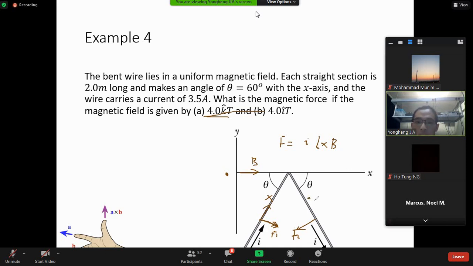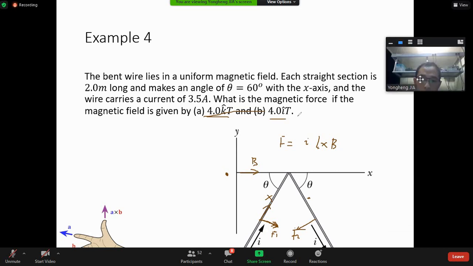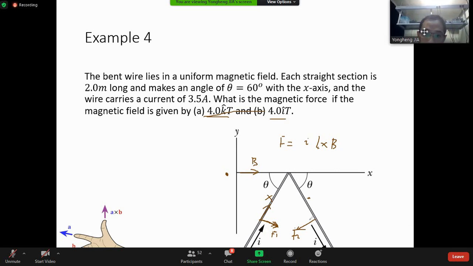It means the magnetic forces for line 1 and line 2 are in opposite directions, and the magnitudes are the same. So the total force for this case equals 0. But for line 1 and line 2, there will be a torque. The total force equals 0, but there will be a torque.